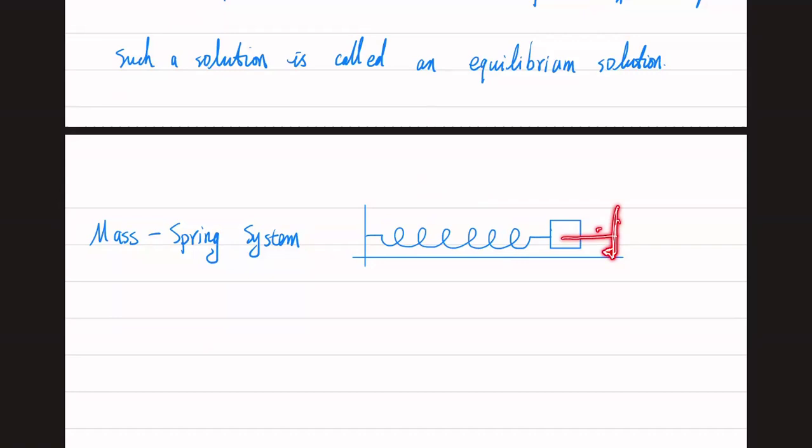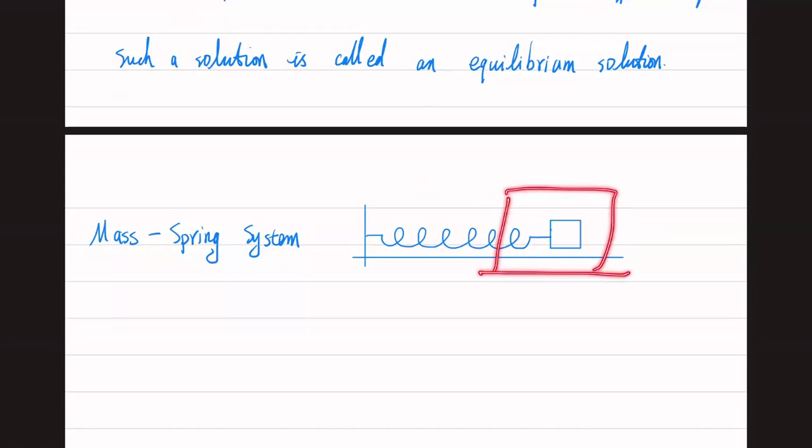If we pull it to the right, then release, it will contract and move a little bit to the left, then push back, so it bounces back and forth. That's the first scenario. Second scenario, if we push this to the left, then release, it bounces back and forth. So that's the physics.